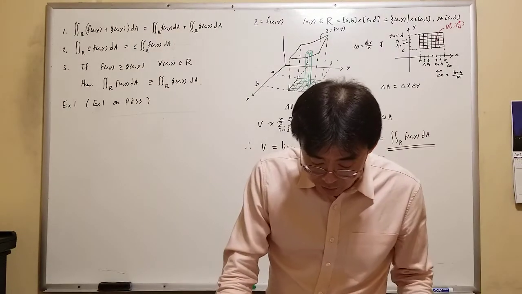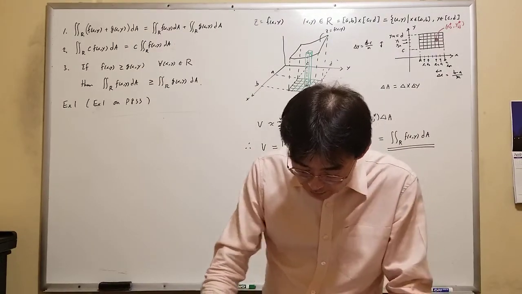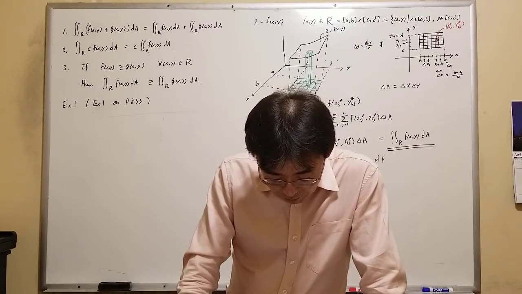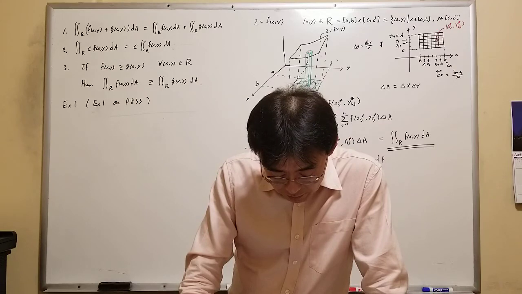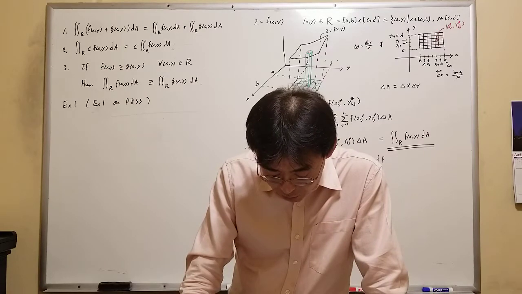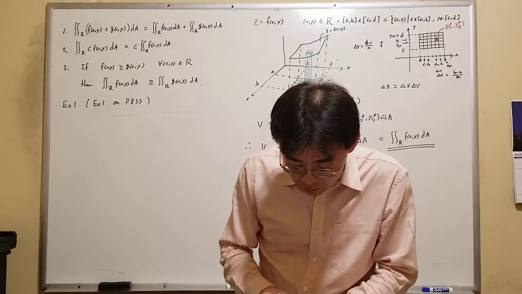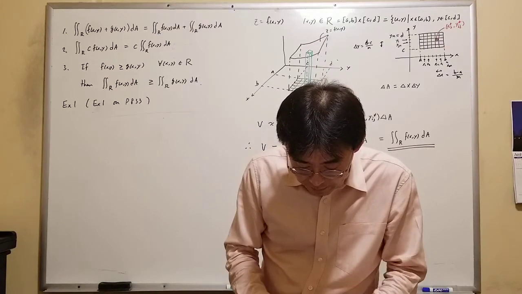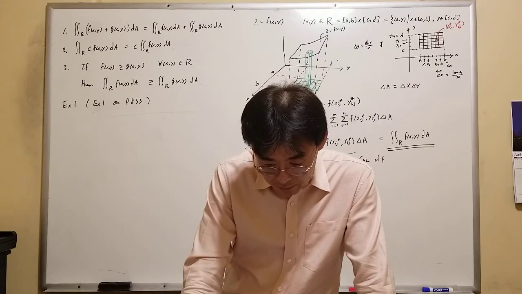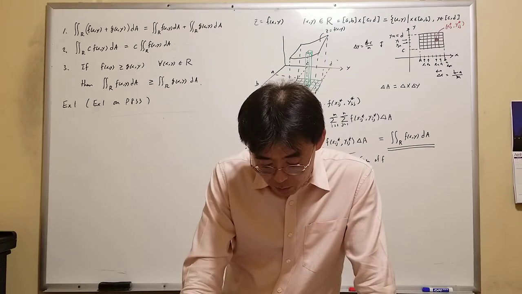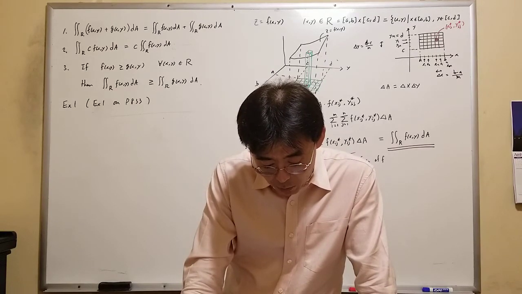Estimate the volume of the solid that lies above the rectangle R, which is 0,2 by 0,2, and below the elliptic paraboloid z equals 16 minus x squared minus 2y squared. Divide R into 4 equal squares and choose the sample point to be the upper right corner of each square.